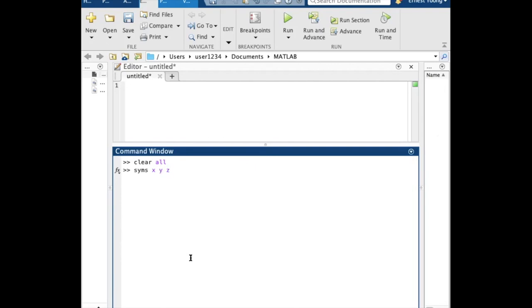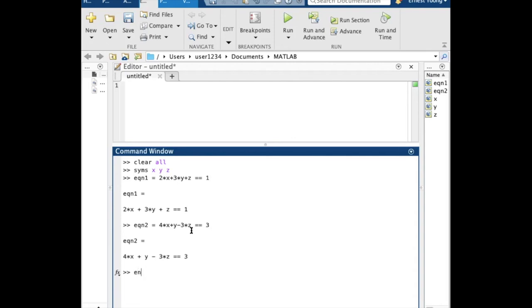Let's say equation 1 is equal to 2 times x plus 3 times y plus z is equal to 1. And my equation 2 is equal to 4 times x plus y minus 3 times z is equal to 3, for example.